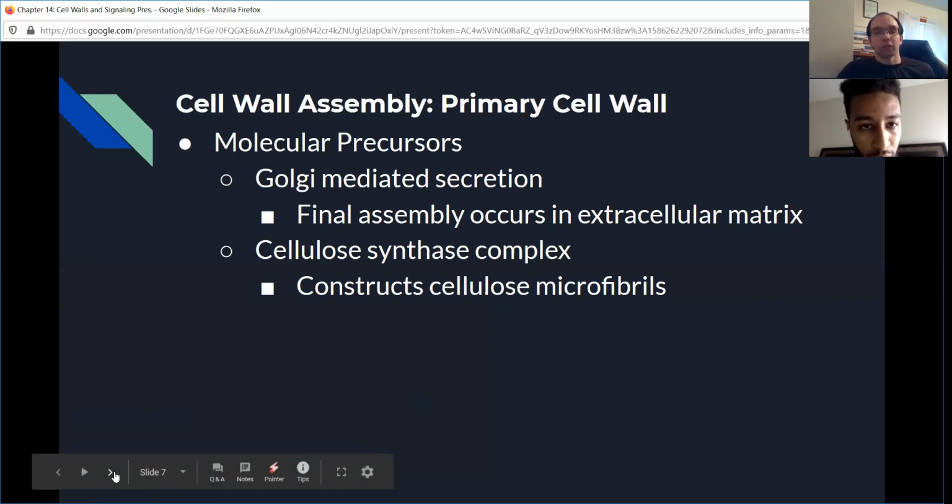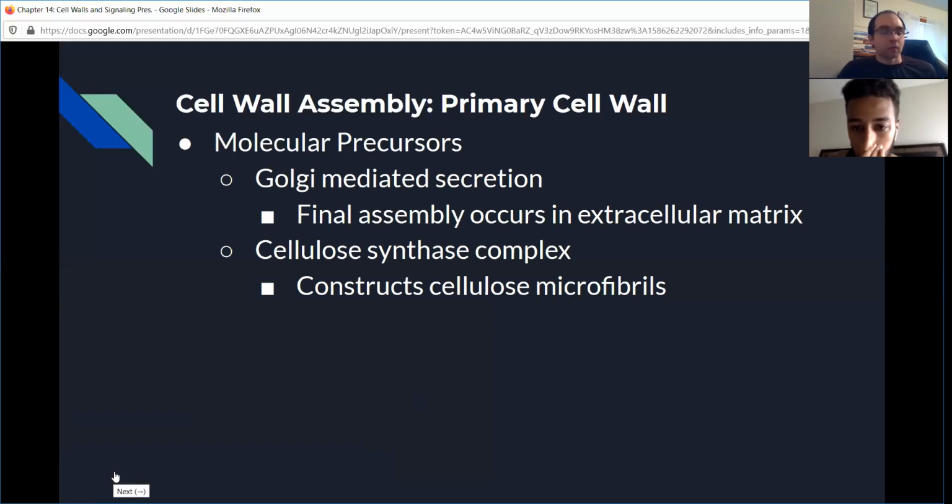The other method is through the cellulose synthase complex. This is more related to how the phragmoplast lays down the initial pieces, where the cellulose synthase complex is an enzymatic complex that constructs microfibrils out of cellulose.